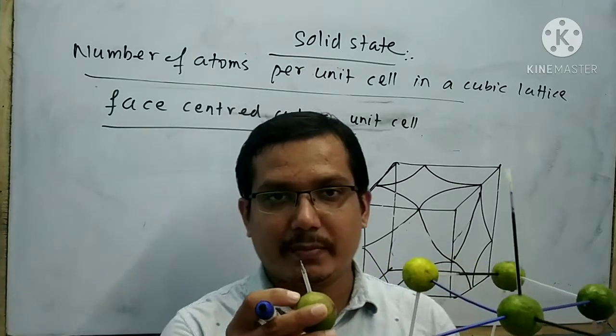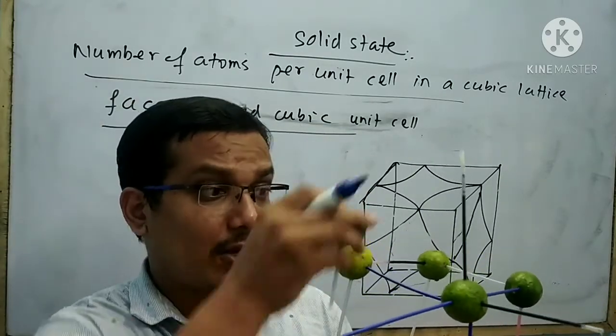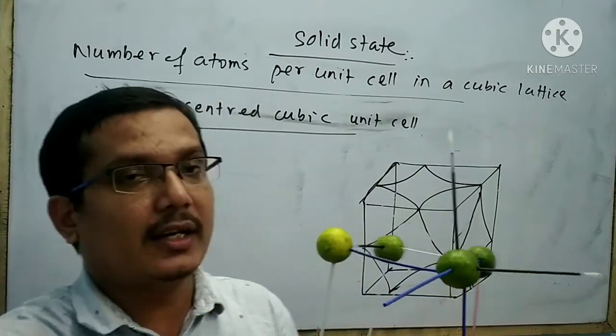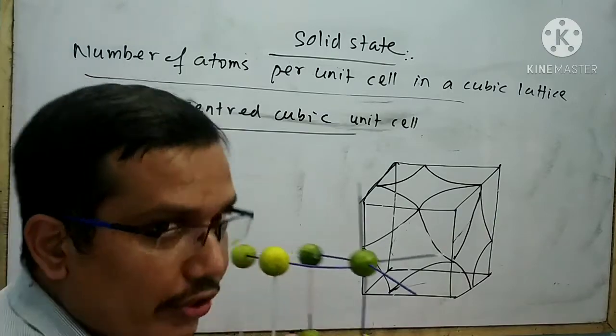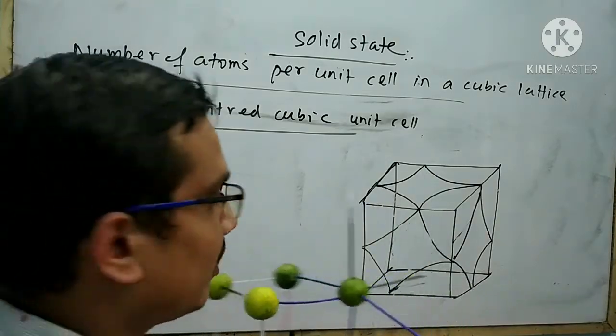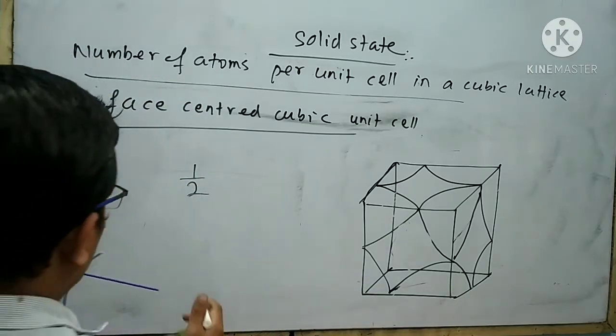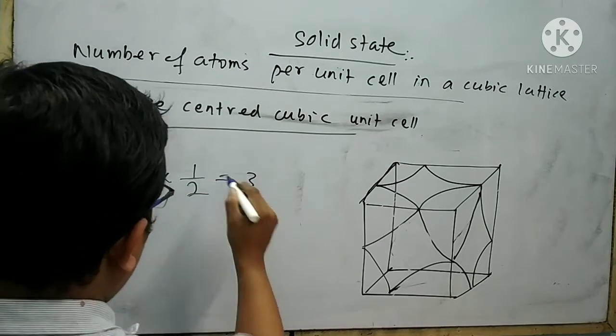When one constituent particle is present at the center of one face of this unit cell, it has 1/2 part contribution towards the formation of this unit cell. There are 6 faces, so here I can write 6 into 1/2 equal to 3.